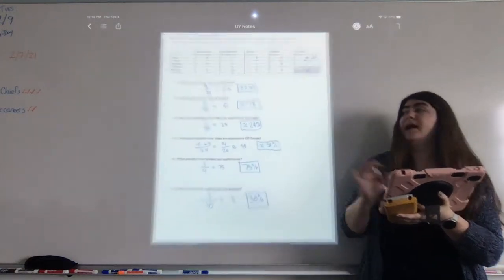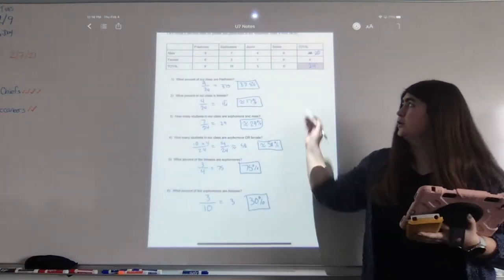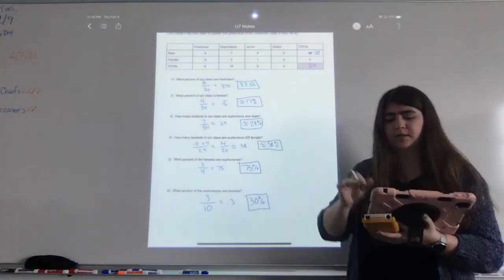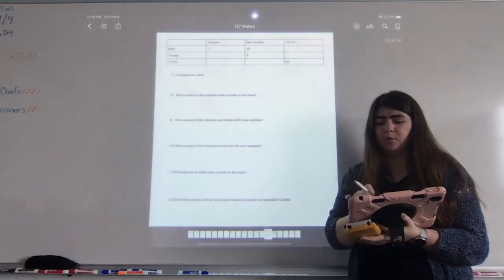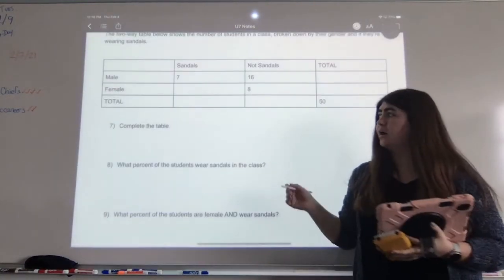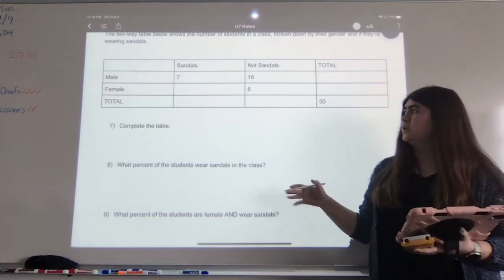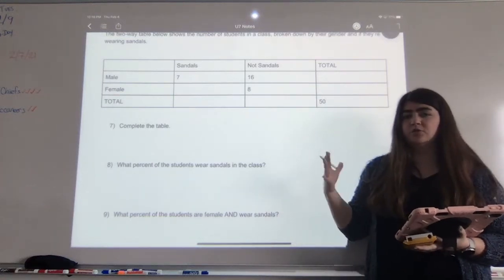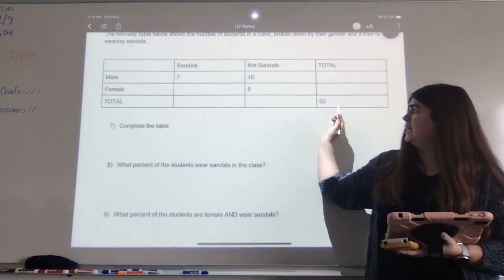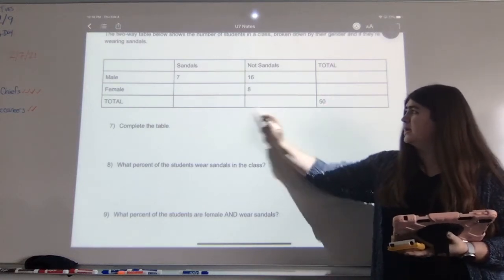All right, now we've completed an example where you have a full complete table except for our little mistake in our total. But sometimes your table will be kind of empty and it'll look kind of like this. We can figure out what goes in the table using the information that we do have. So for example, we know that there's going to be a total of 50 in both this column and this column.